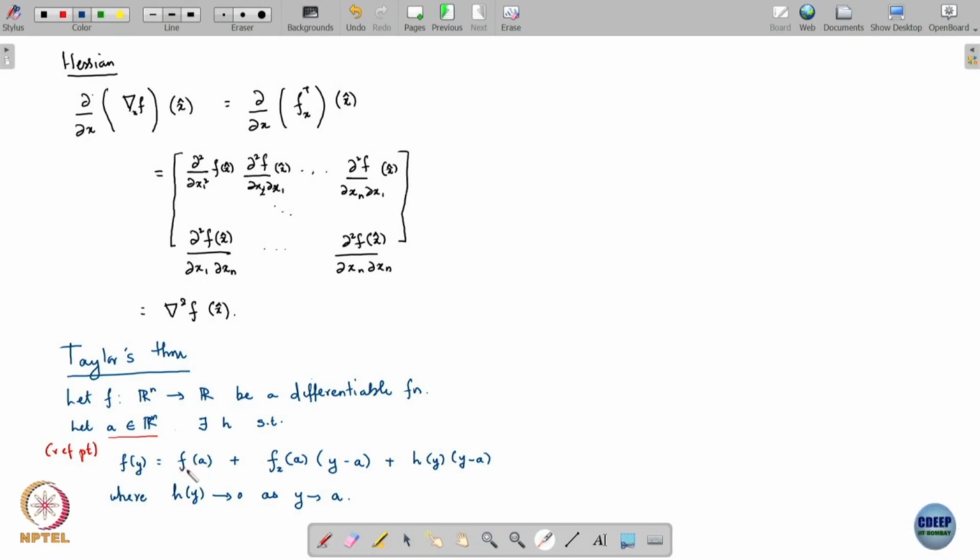As y tends to a, f of y will approach f of a. So that is not saying anything new. What this theorem is saying is that as y tends to a, if you look at f of y minus f of a, and divide that whole thing by y minus a, then that starts behaving more and more like f x of a.